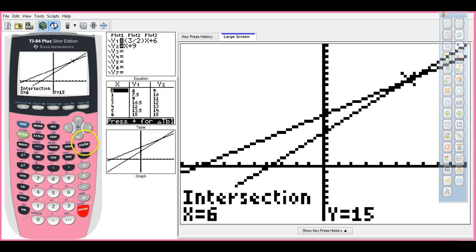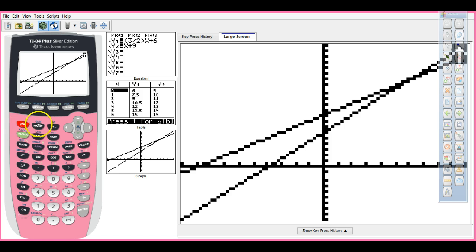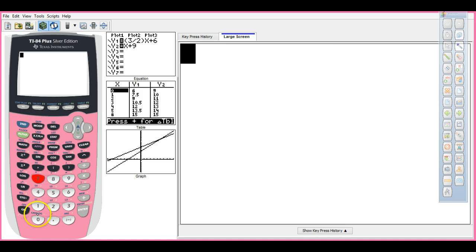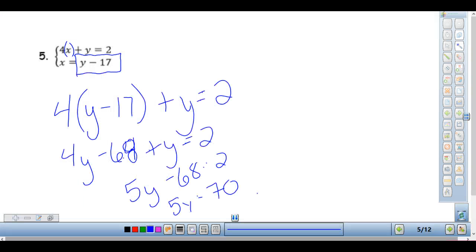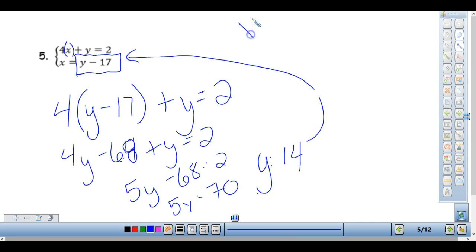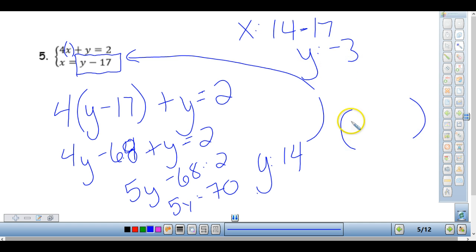Got to take 70 divided by 5. We get 14. So y equals 14. Take it and plug it back in. So x equals 14 minus 17, or x equals negative 3. So 14 comma negative 3 should be our answer for number 5.